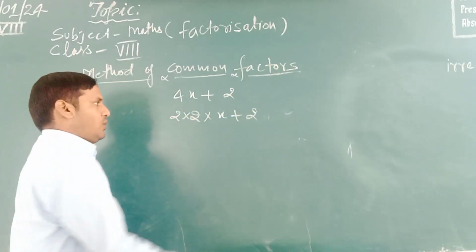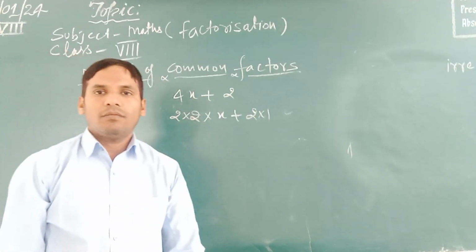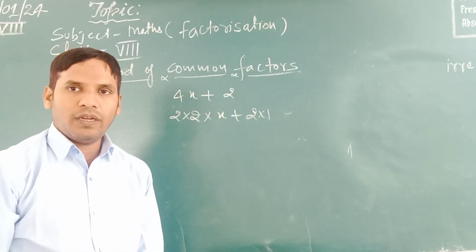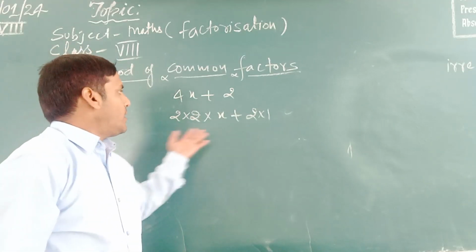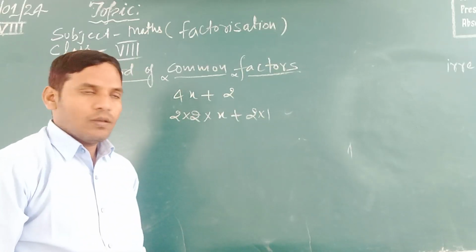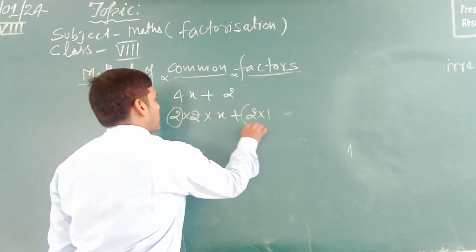Or you can also split it as 2 into 1. If a number is given, by default 1 is in the form of multiplication. So what is the common between this expression? First you should check what is the common. See, 2 is here and 2 is also here.